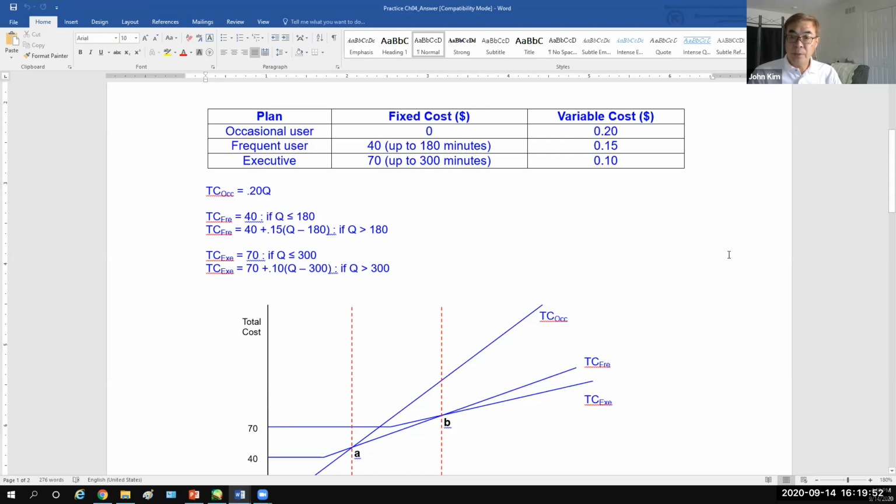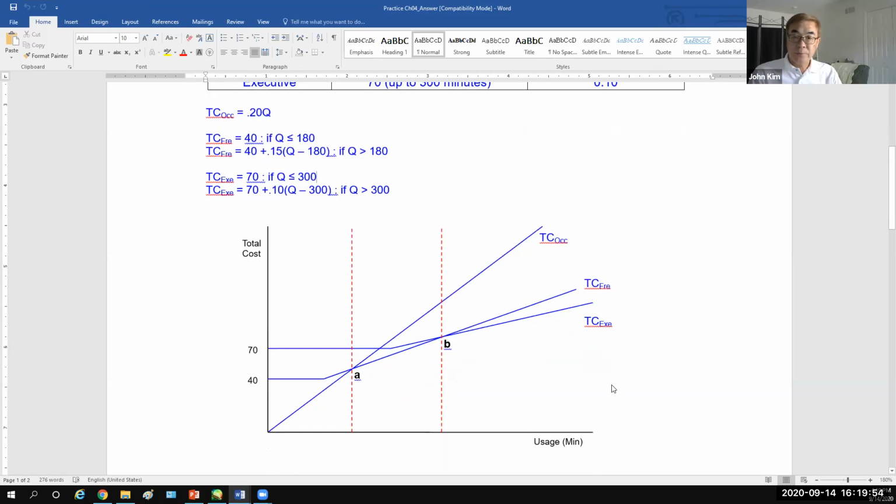And then if we draw a graph, it looks like this. First option, start from 0 because there is no fixed cost, and increase by 20 cents, like this. Total cost for occasional plan.